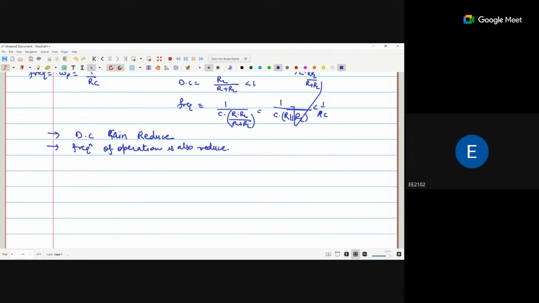Clear? Any doubt? Now when we design a filter, we have to ensure that the filter response or characteristics are not dependent on the load resistance value, because the load is not a constant. The load will be variable.